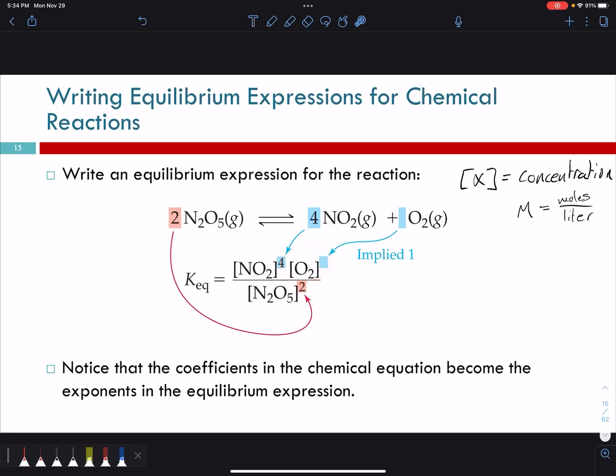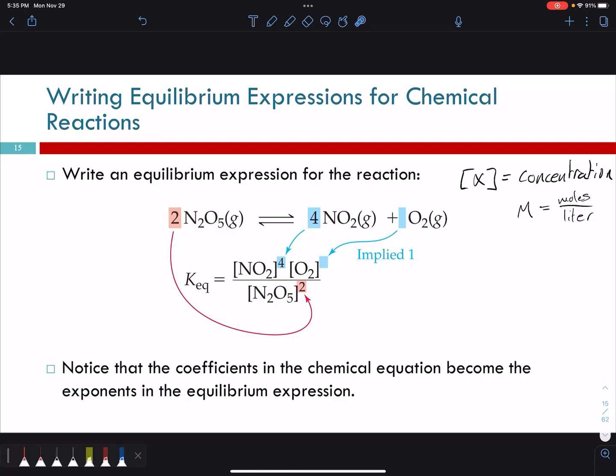Oxygen gets raised to the 1st power, but if you raise something to the 1st power, it is itself, so we leave that as an implied 1. And then our reactant is in our denominator, raised to the power of its coefficient. This is very formulaic. This is the way it is every time.